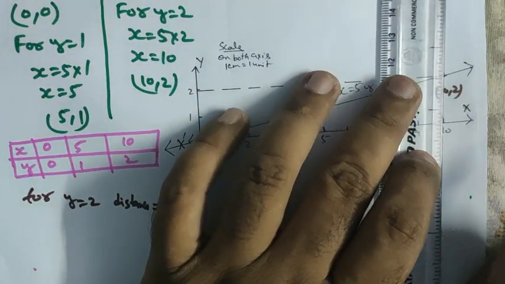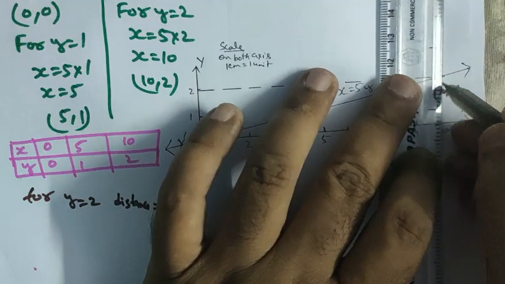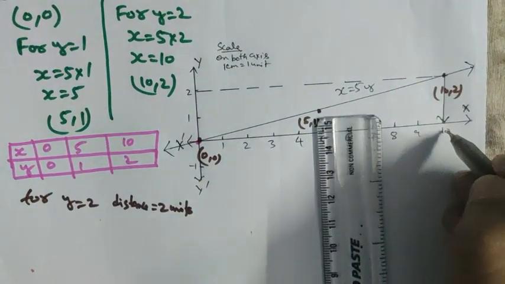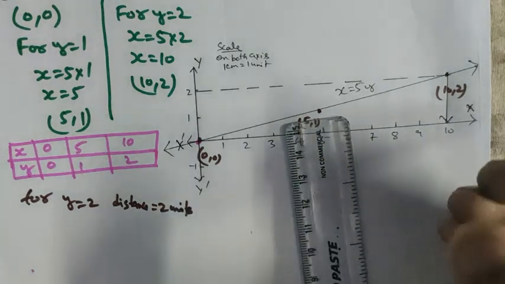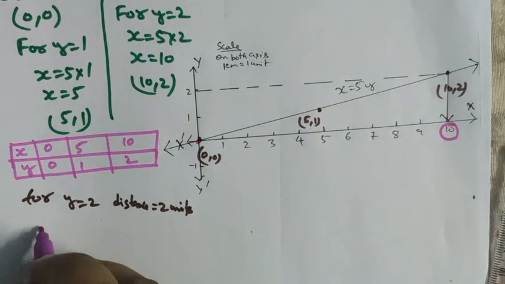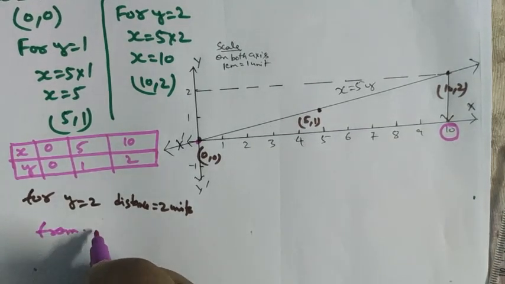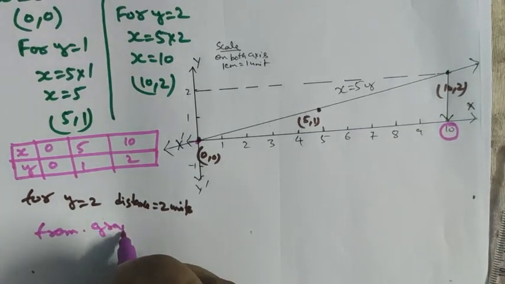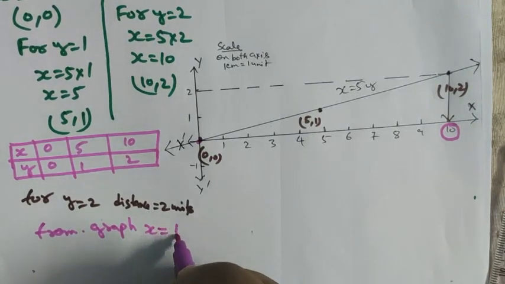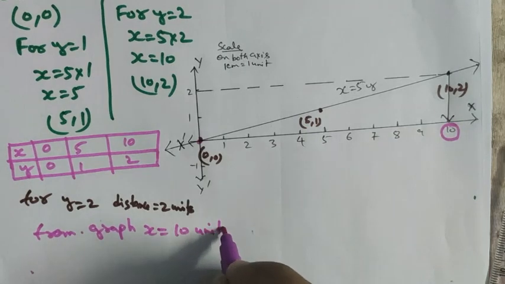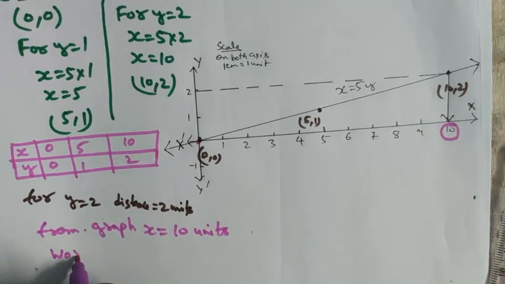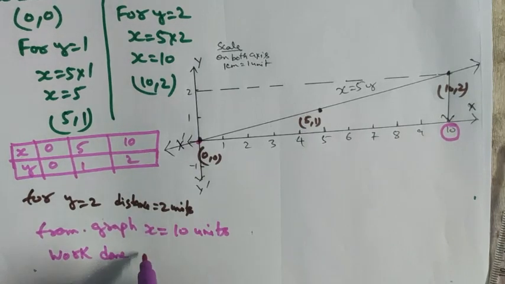What is the value of x? You can plot it like this, so you can clearly see x equals 10. From the graph, x equals 10 units, that is, work done is equal to 10 units.